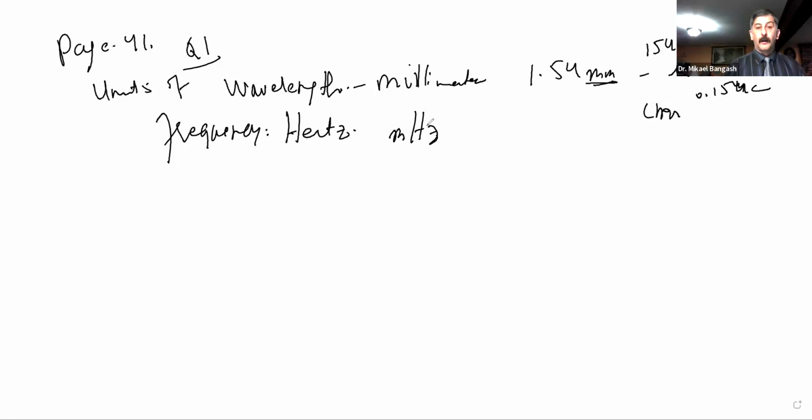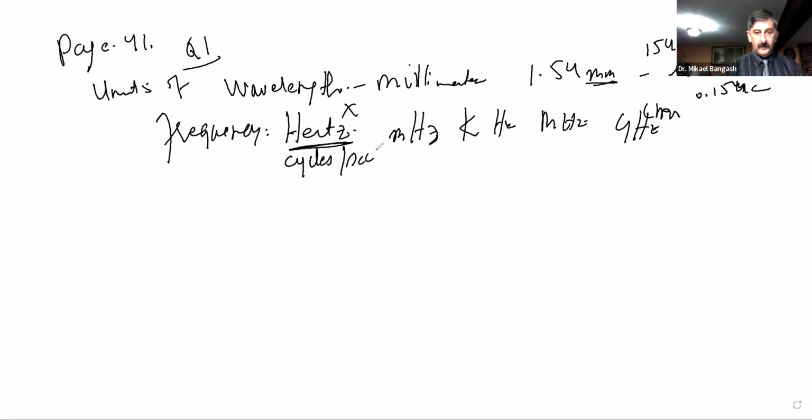Rather you'll see multiples of hertz, such as kilohertz, megahertz, or for instance gigahertz. Just remember that hertz is just a translation of what we could say as cycles per second.